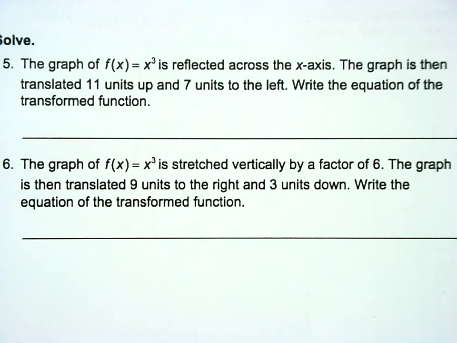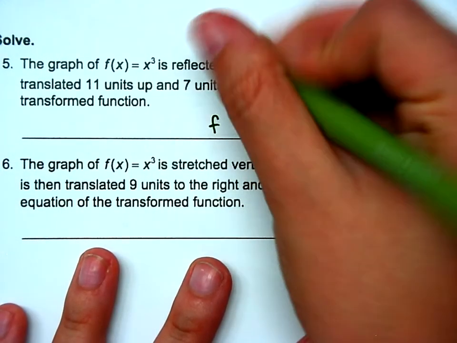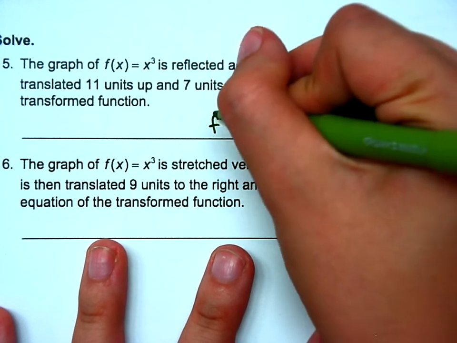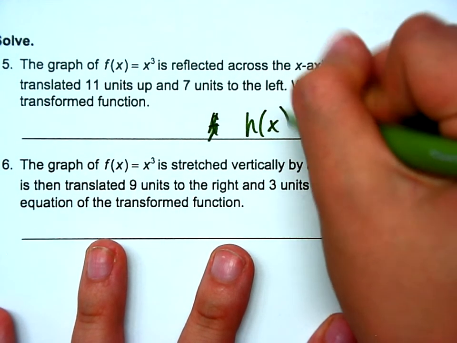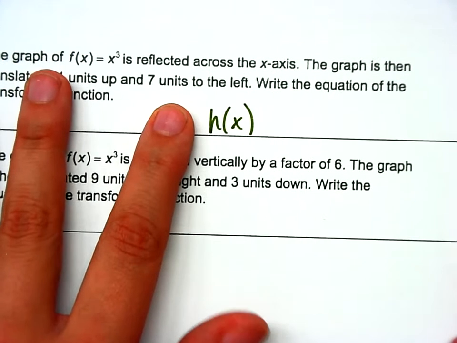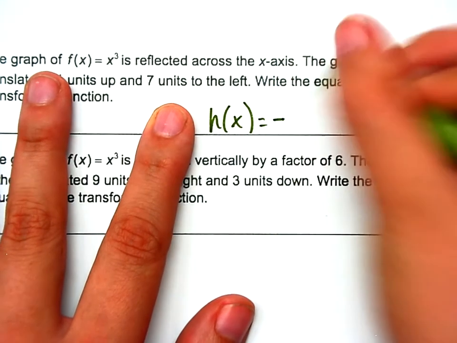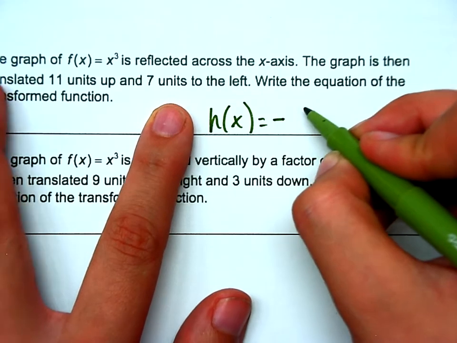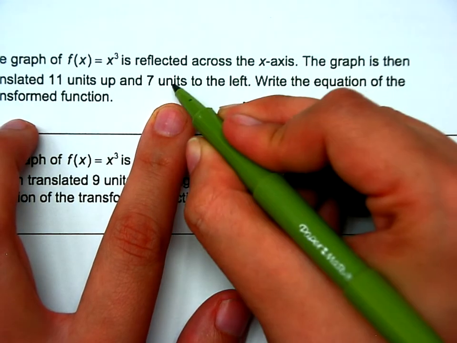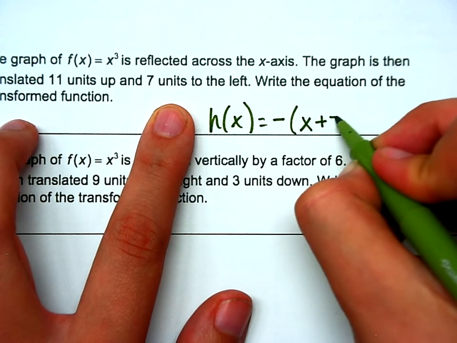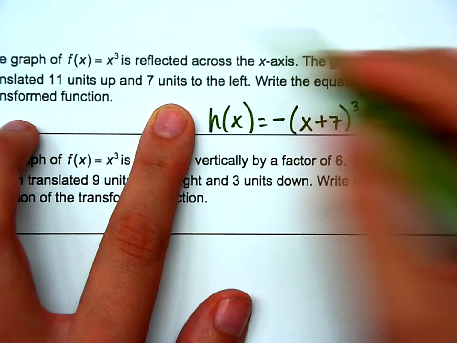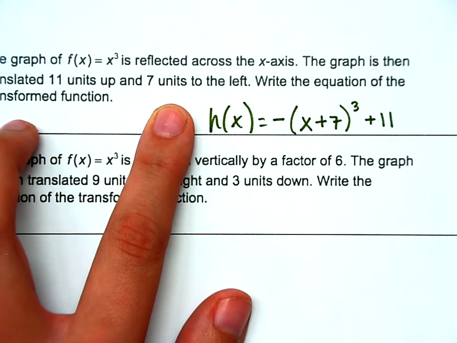Okay, so I know I need a negative. Actually let's do h of x, since this is a transformation. Equals, I know I need a negative for the reflection, and we are moving 7 to the left, so that's x plus 7, and then up, so that's plus 11.